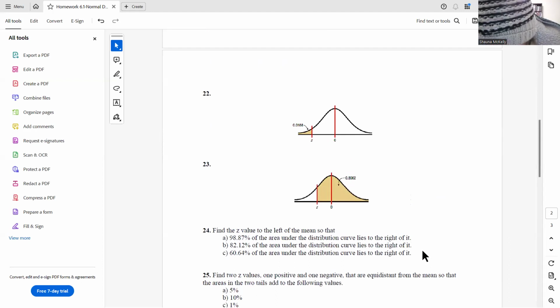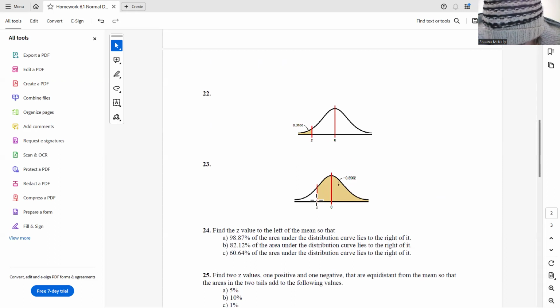Okay. So let's look at number 23. In 23, we have a distribution. 0 is in the middle of it. And we have some z-score over here on the left that we don't know. Now, because it's on the left, we know that it's negative, but that doesn't help us very much.